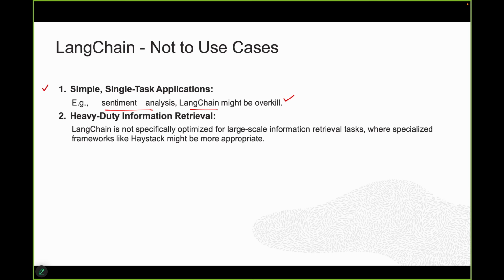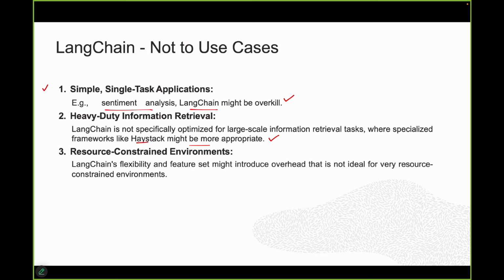LangChain is not specifically optimized for large scale information retrieval tasks where a specialized framework like Haystack might be more appropriate. Or resource constrained environments. LangChain's flexibility and feature set might introduce overhead that is not ideal for very resource constrained environments.